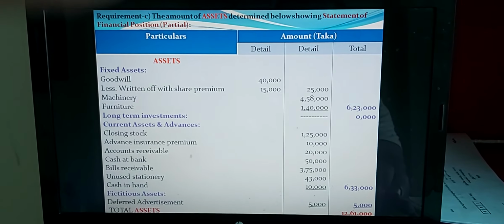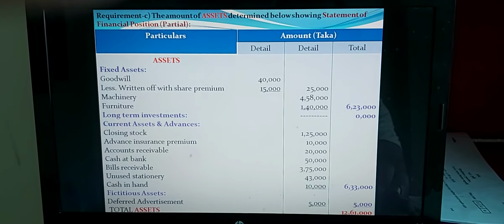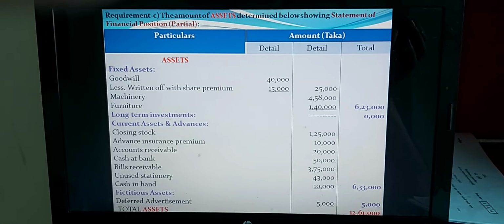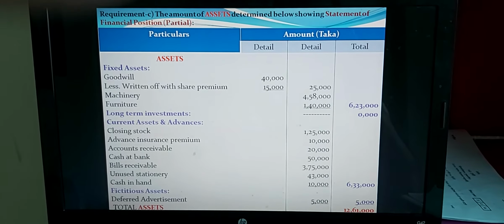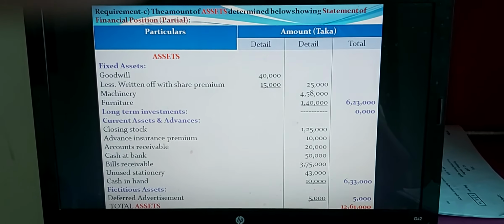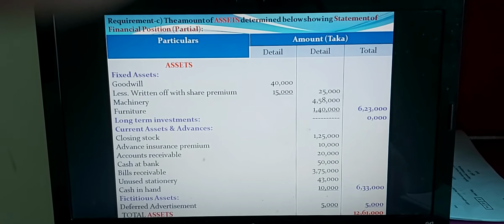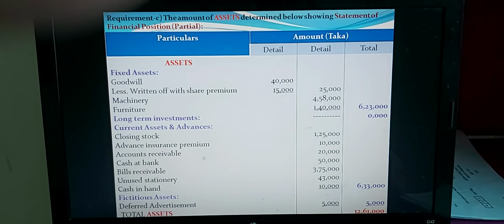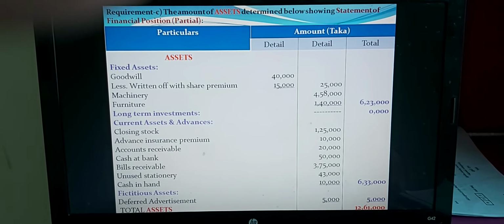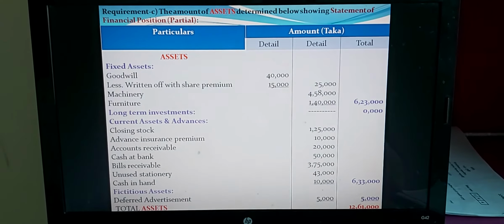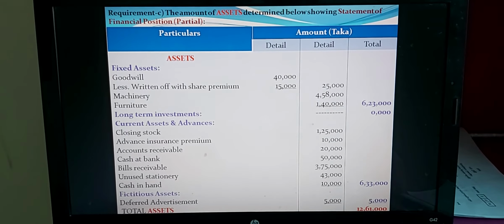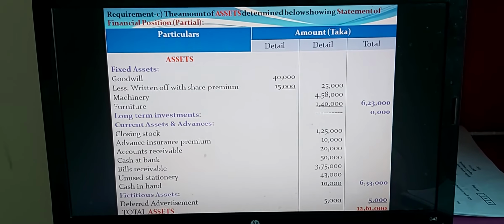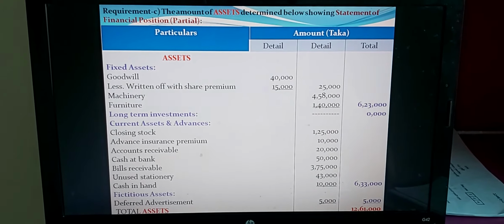Totally financial position has two parts, asset side and equity and liability side. So all the time you have to prove it, the asset is equal to liabilities plus equity in the accounting equation. So this is the proved amount of assets 12,61,000 and equity and liabilities amount.